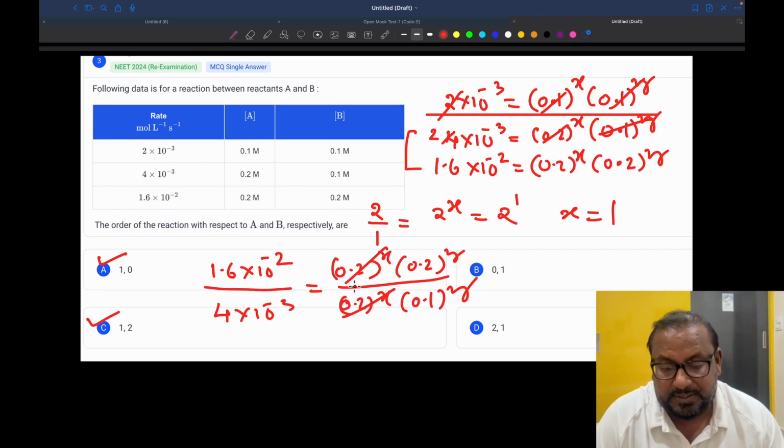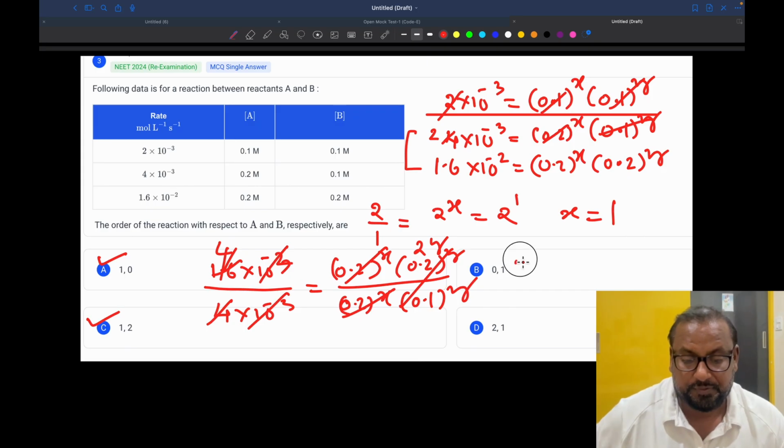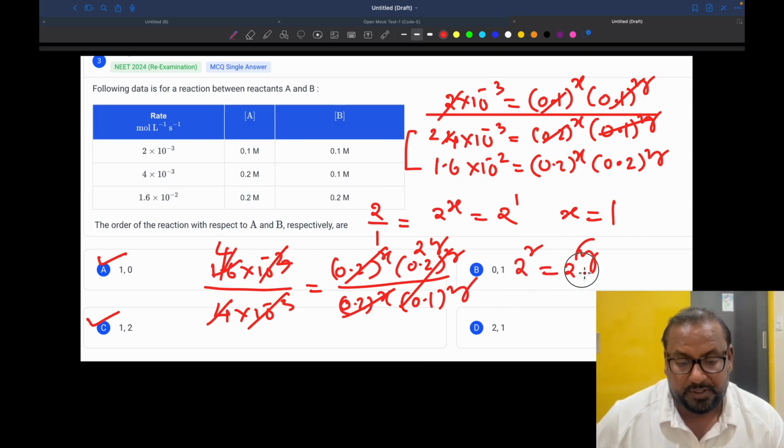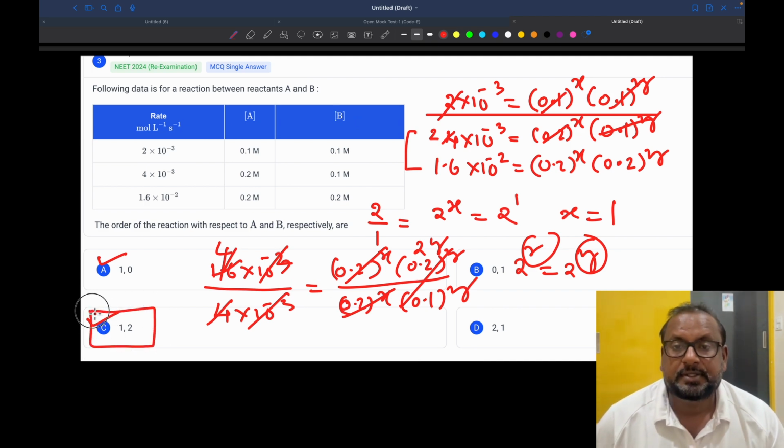So this gets cancelled out, and 2 power y is left here. Removing the decimal, we get 16 over 4, so 4 goes how many times? 4 times. So we are left with 4. 4 is 2 squared, equal to 2 power y. So y equals 2. So what should be the answer? C is the answer.